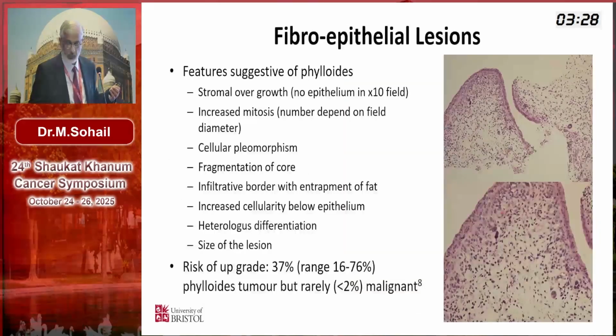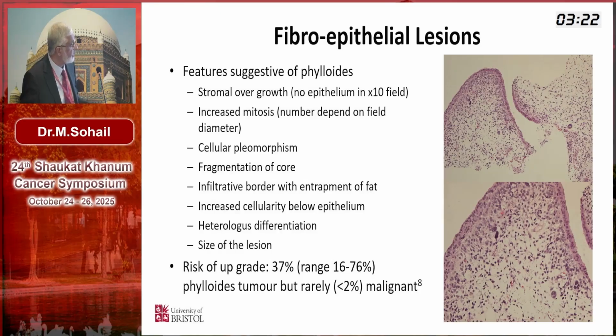If you look at it more over here, there is more fragmentation, and then you see subepithelial accentuation with atypia, moderate cellularity. If you see stromal overgrowth even in a core biopsy, when we say stromal overgrowth, it means that within one low power field you are not seeing any epithelium, or within two high power fields you are not seeing epithelium.